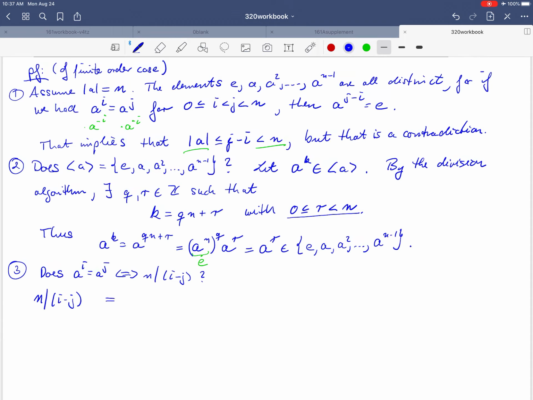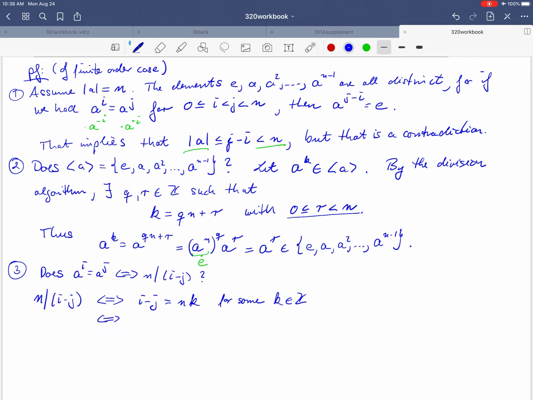Then what does that mean? That is equivalent to saying that i minus j is a multiple of n. We talked about that in an earlier chapter. So we can write i minus j as n times k for some k in Z. So that was just the definition of division.